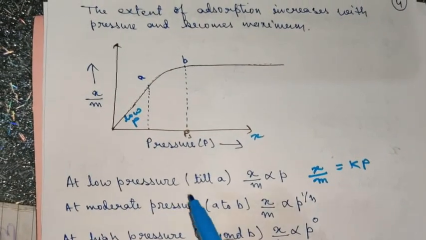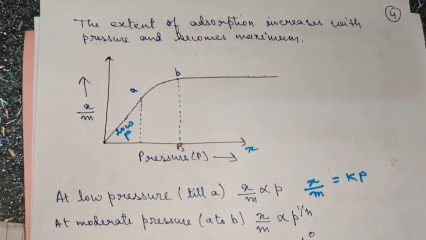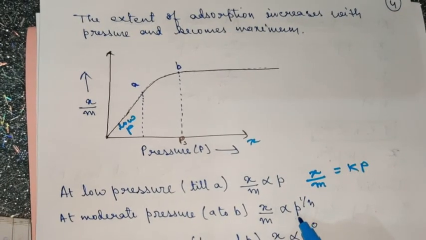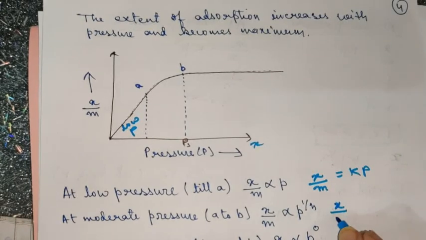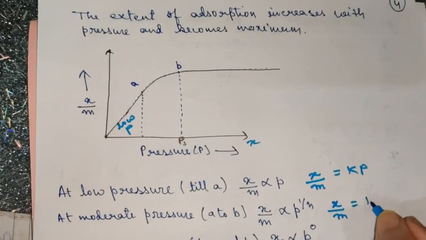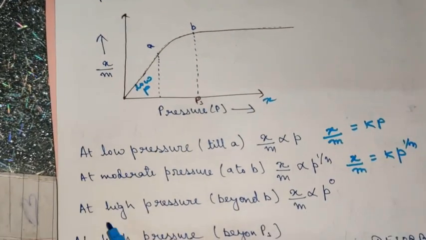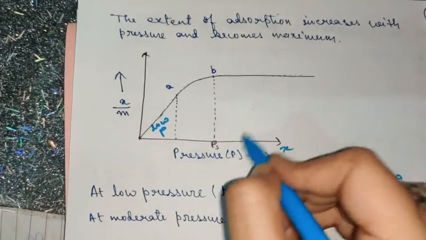At moderate pressure, that is between A and B, where the relation is unpredictable, x upon m is directly proportional to p raised to the power 1 upon n. So again you can write x upon m is equal to k p raised to the power 1 upon n. Third, at higher pressure, it is almost independent of the pressure.